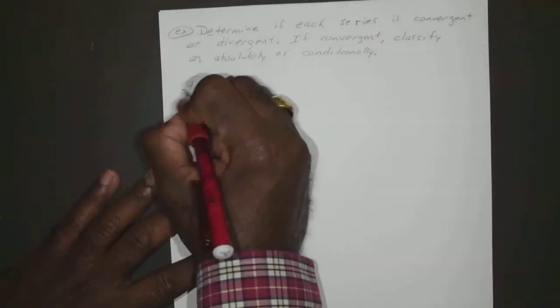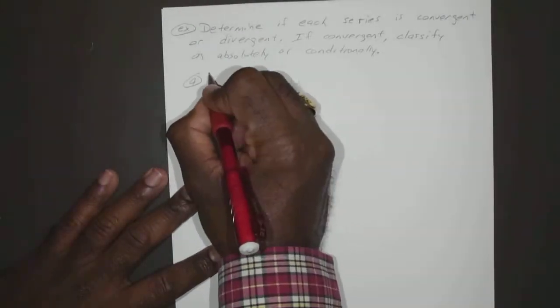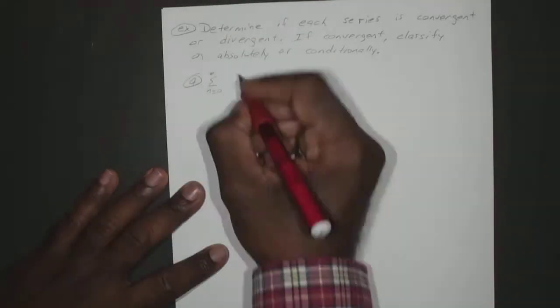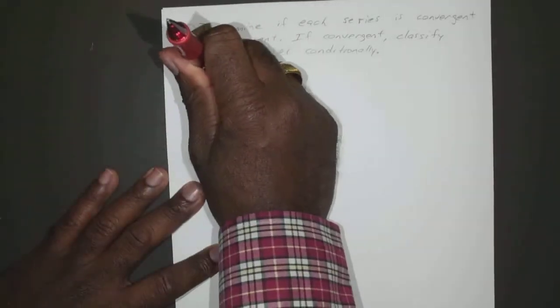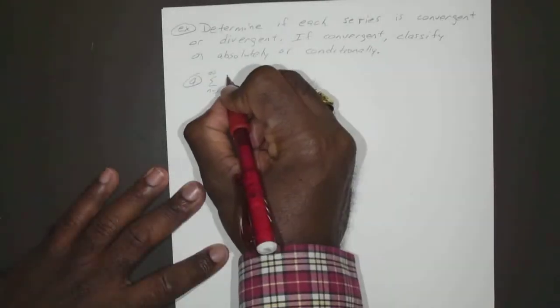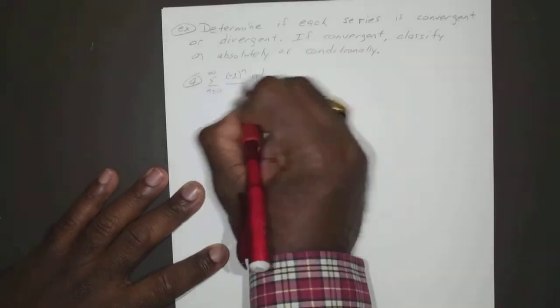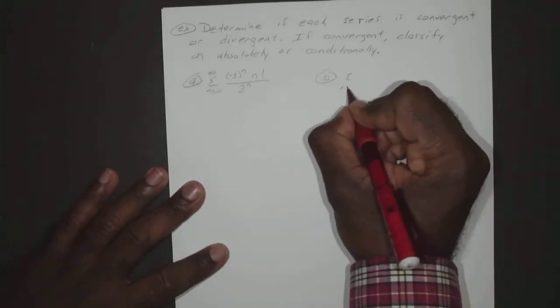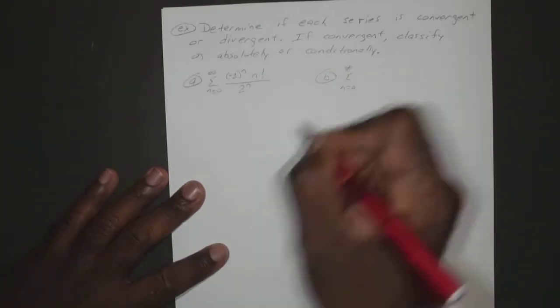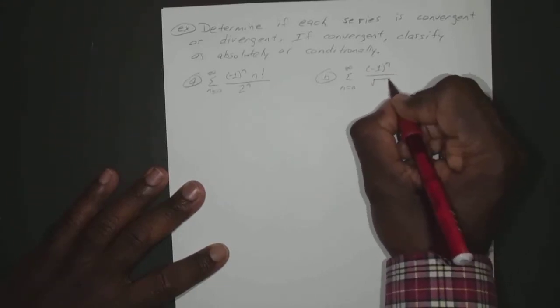Okay, so for problem A, say the sum from n equals 0 to infinity of negative 1 to the nth power times n factorial over 2 to the power of n. And for B, say n equals 0 to infinity of negative 1 to the nth power divided by square root of n.